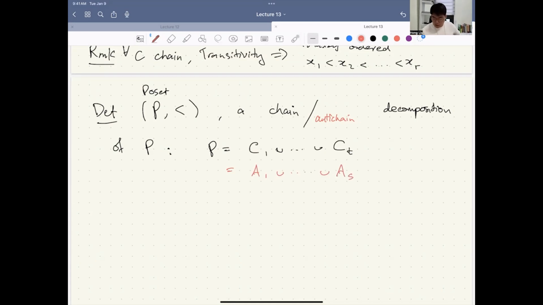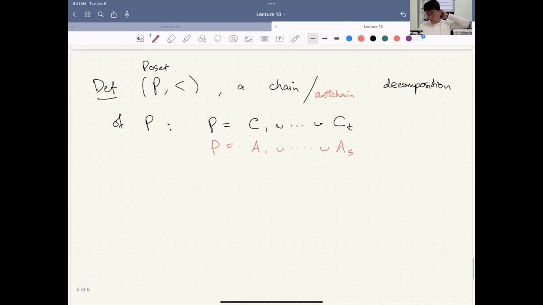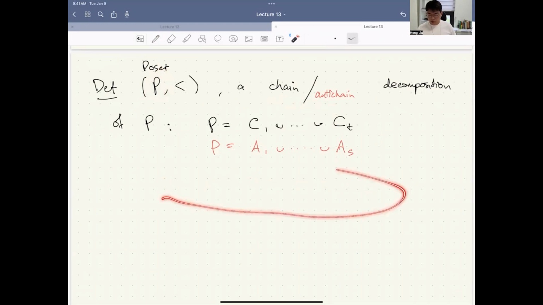All the elements are involved. Very simple thing. What's a trivial chain or anti-chain decomposition? You can just take a single element of the poset P. Every single element is trivially a chain, and it's also an anti-chain. So you can partition them. But this is not very interesting.